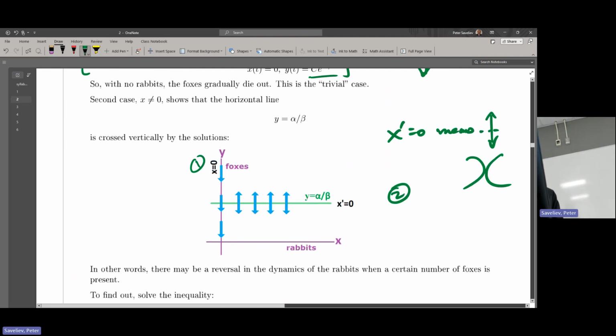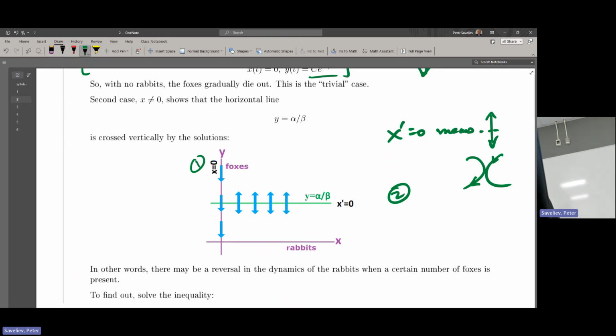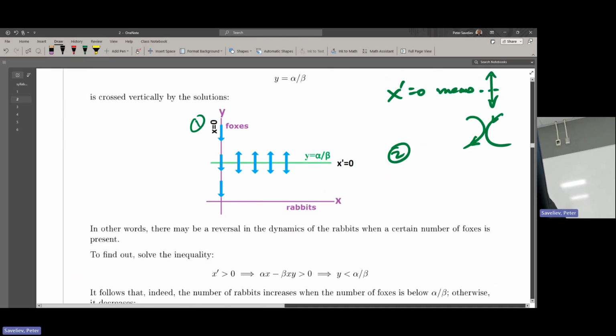So the reversal, as you can see, depending on which of these, there are 4 possibilities still. The reversal might appear or not, we don't know yet. To find out, now we look at the signs. Okay, so that's where the thing is equal to 0. Now, where is x prime positive? Under what circumstances is there a growth of the rabbits?